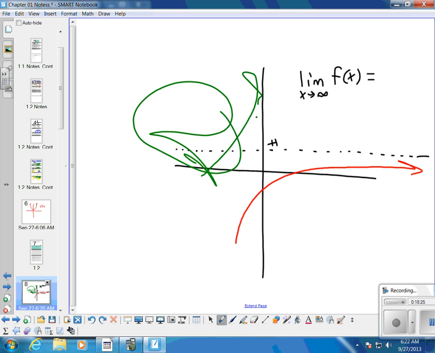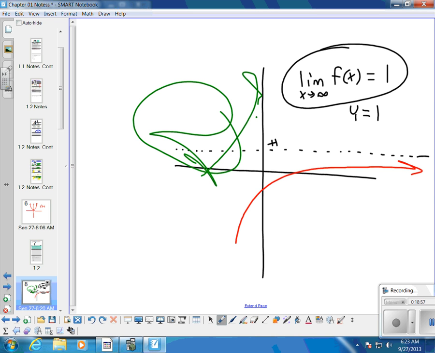And then you talk about what happens as you go as far as you can imagine to the right with your x values. Does your graph approach a certain y value? If so, what is it? In this case, it'd be 1. So the horizontal asymptote is y equals 1. The limit notation to describe it is right here.